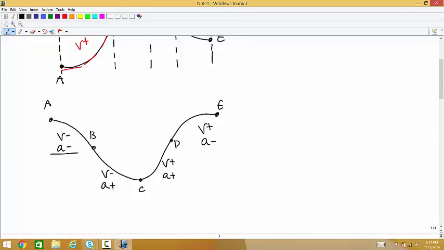And so from A to B, basically since these graphs are the same shape, the only difference is what you've chosen as the positive direction. They have to be speeding up and slowing down at the same time. So this is still speeding up, slowing down, speeding up, slowing down.